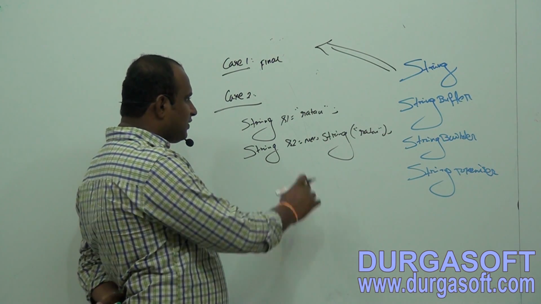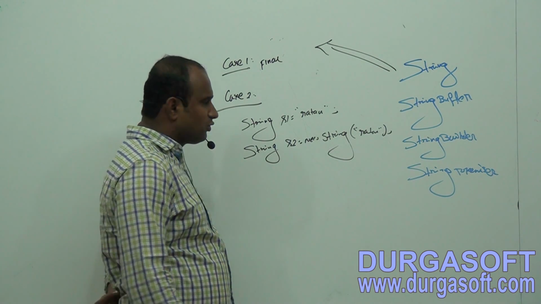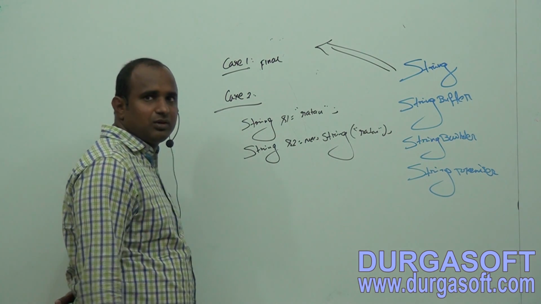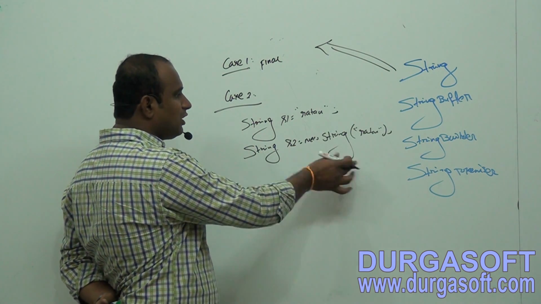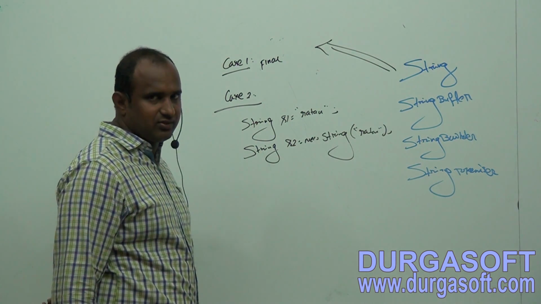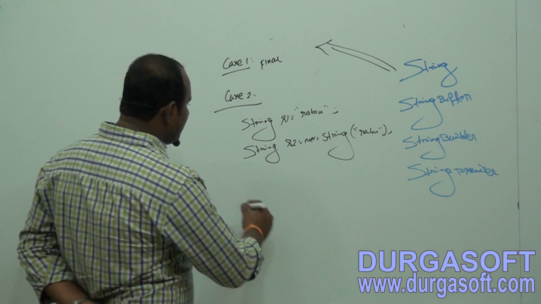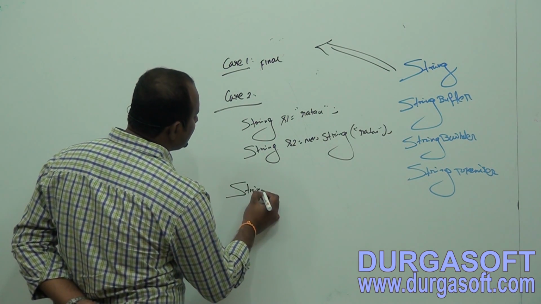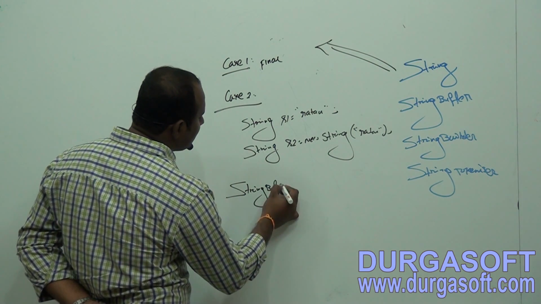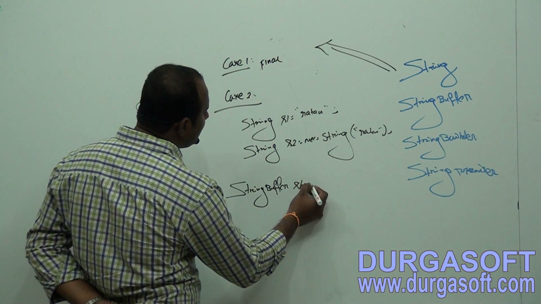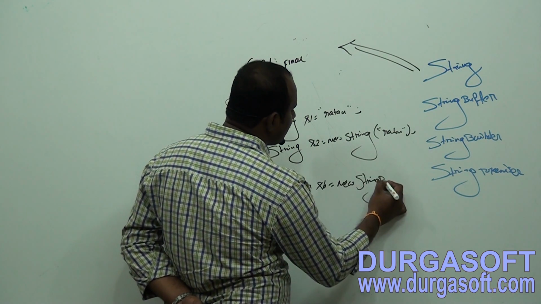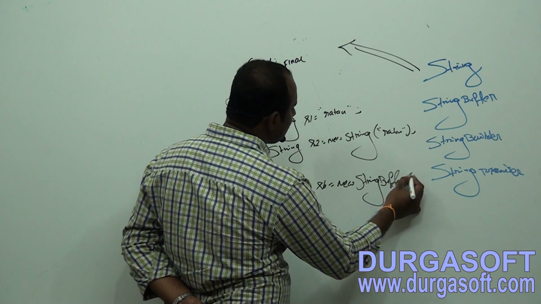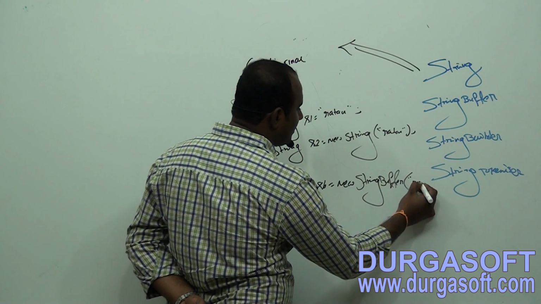What is the difference between the first approach and the second approach? Both are used to create the object only. Coming to string buffer, only one approach is there: StringBuffer sb equal to new StringBuffer of Ratan.